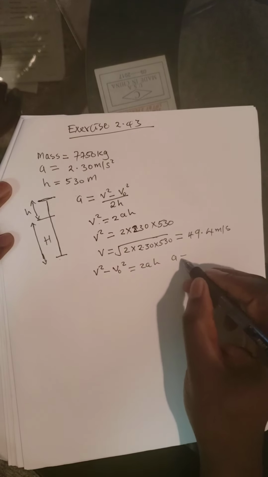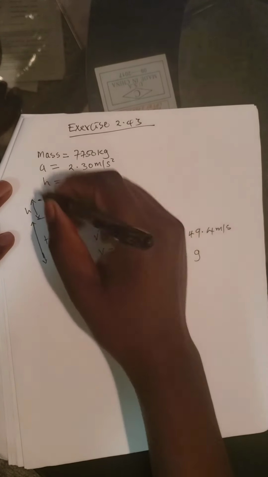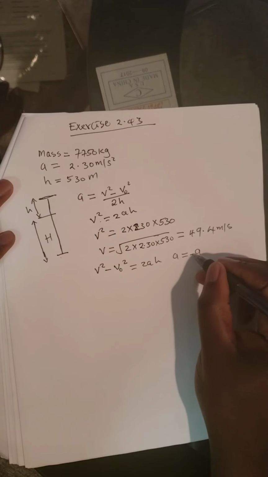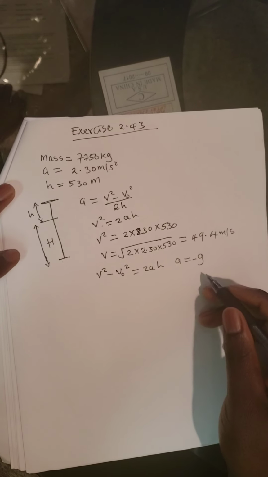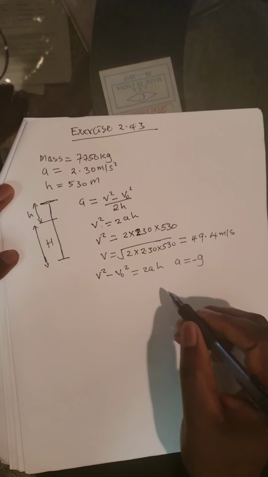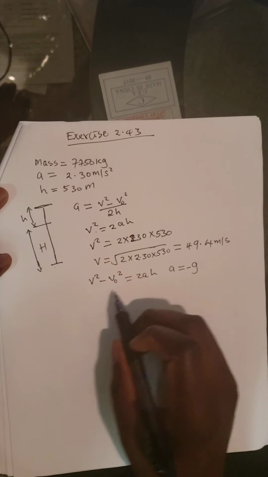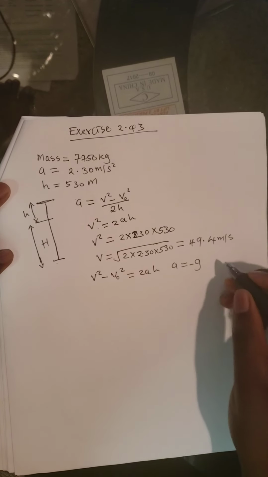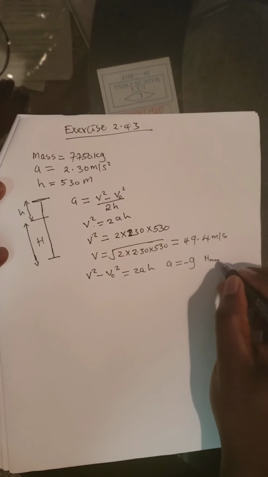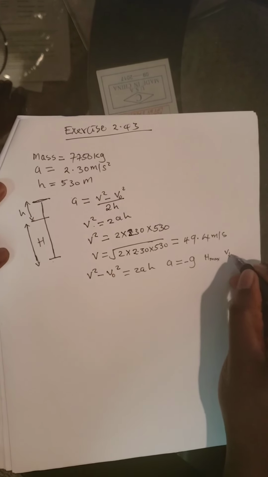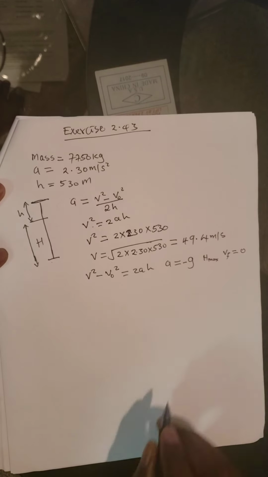So our acceleration is going to be g, and because it's going upwards, it's going to be minus g. It's going against the force of gravity. We have to know that at the maximum height, the final velocity is going to be 0.